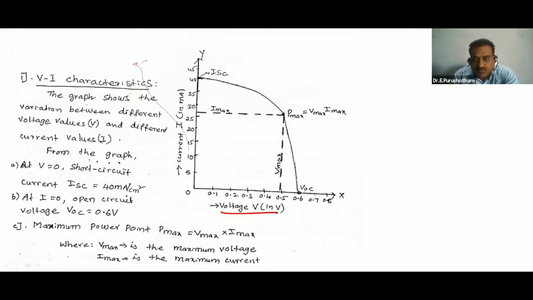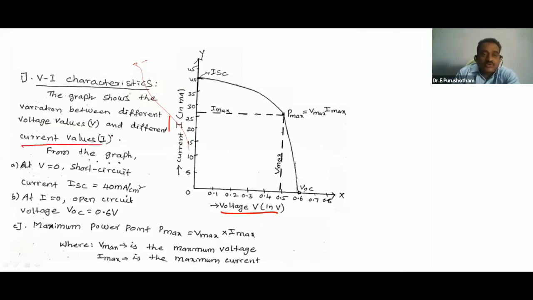Take voltage on the x-axis and current on the y-axis. The graph shows the variation between different voltage values and different current values.